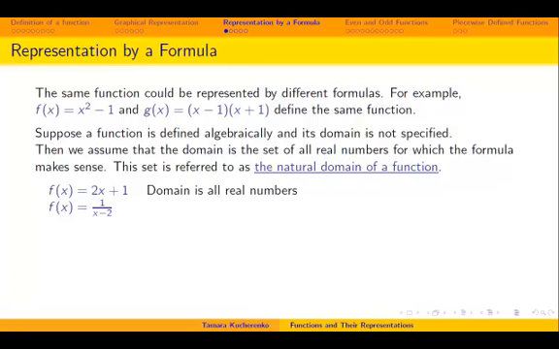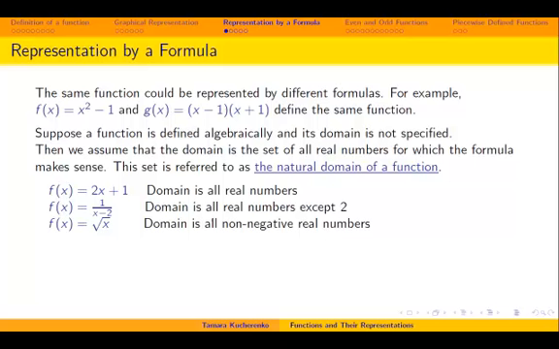Therefore, the domain of this function is all real numbers except 2. Now let's look at the function √x. Since we cannot take the square root of a negative number, we need to exclude all negative numbers from the domain. So the domain is all non-negative real numbers.